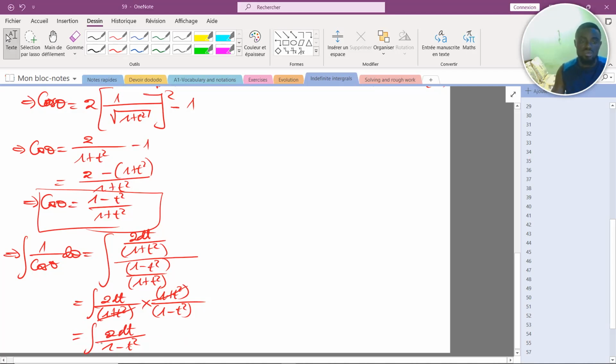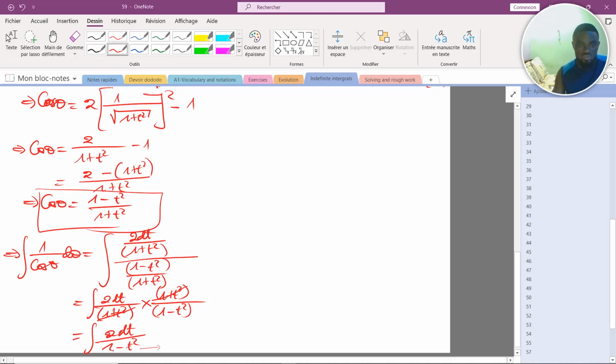You understand? If there was a square root here, this would have been 2 times the integral of dt all over the square root of 1 minus t squared, which would have been arc sine of t. You understand?